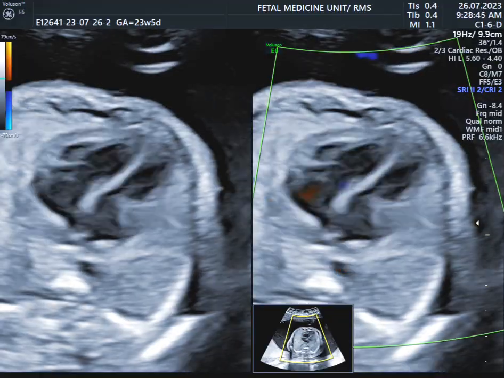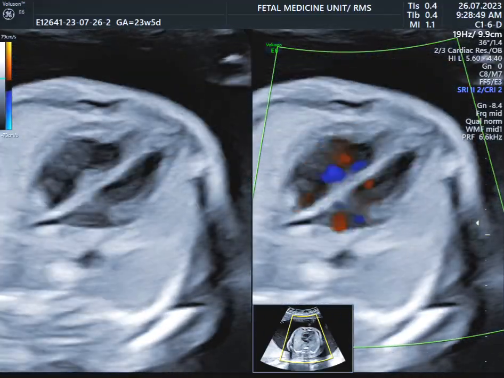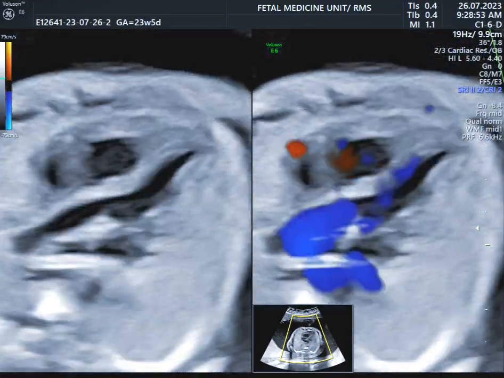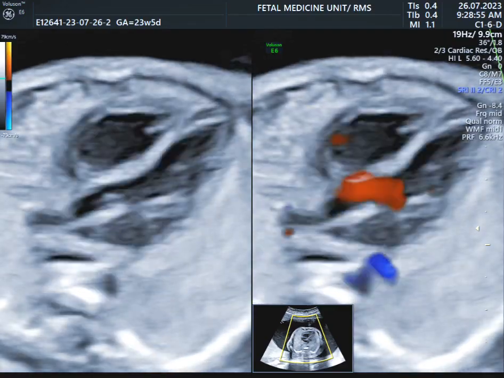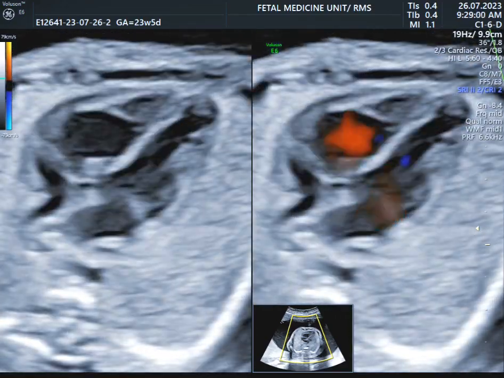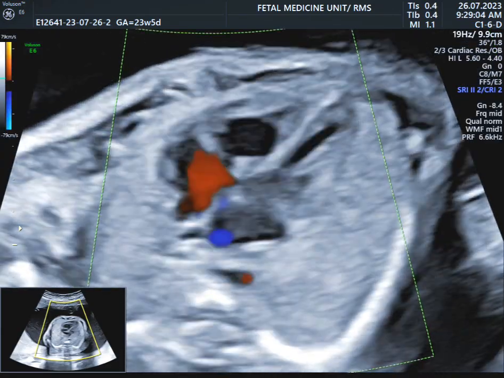Duplicate the screen to see in the color and in the grayscale. This is the LVOT, left ventricular outflow. There is no outlet VSD, nor perimembranous, nor muscular VSD.